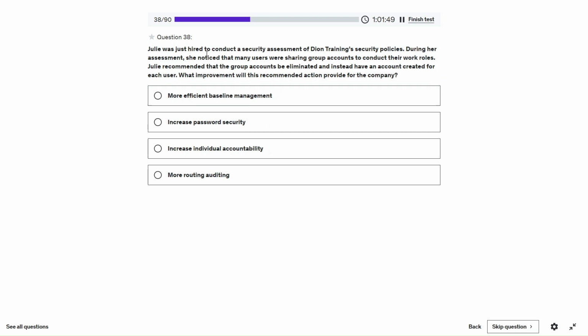Julie was just hired to conduct a security assessment of DION Training's security policies. During her assessment, she noticed that many users were sharing group accounts to conduct their work roles. Julie recommended that the group accounts be eliminated and instead have an account created for each user. What improvement will this recommended action provide for the company?